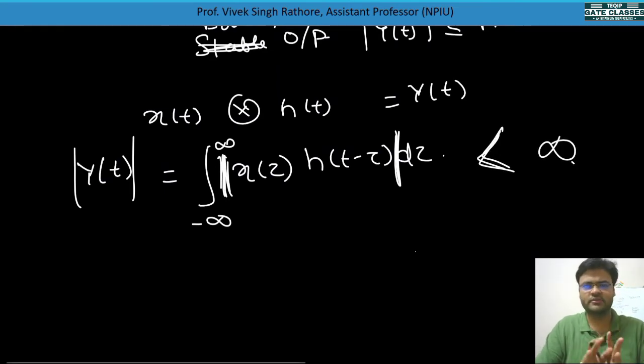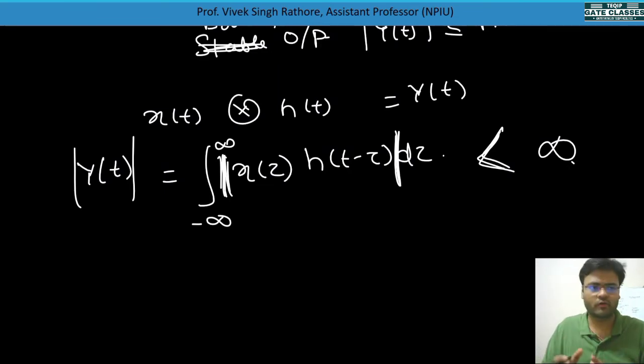This is what we were about to say: for a bounded input we get a bounded output, and only then is it stable. So this magnitude should be less than infinite, which means this product should also be less than infinite.